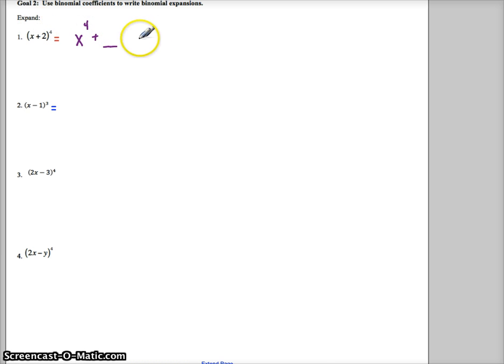Now I have the first term to the decreasing power, and the second term is now to the first power, plus my coefficient, now x to the second as we continue to decrease, and 2 to the second, plus my binomial coefficient, x to the first times 2 to the third, plus my binomial coefficient, x to the 0, which is 1, no need to write that, and then times 2 to the 4th. Okay, let's go back and put our coefficients in here.